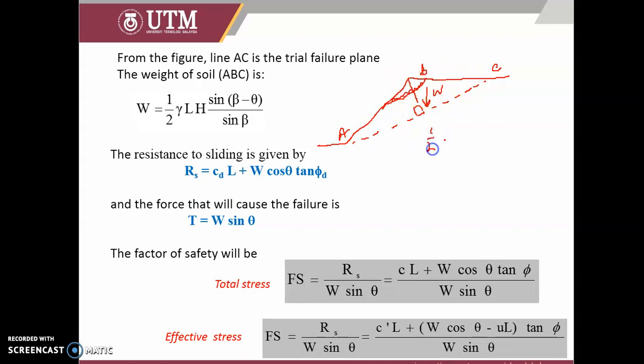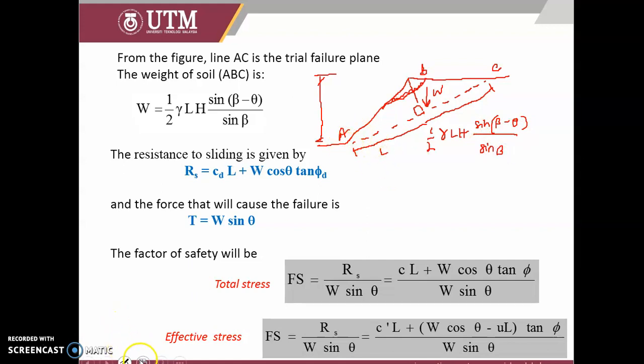So it is half of the unit weight of soil times L, the base of the triangle, and times H, the height. It can be calculated with sine of beta minus theta divided by sine beta.